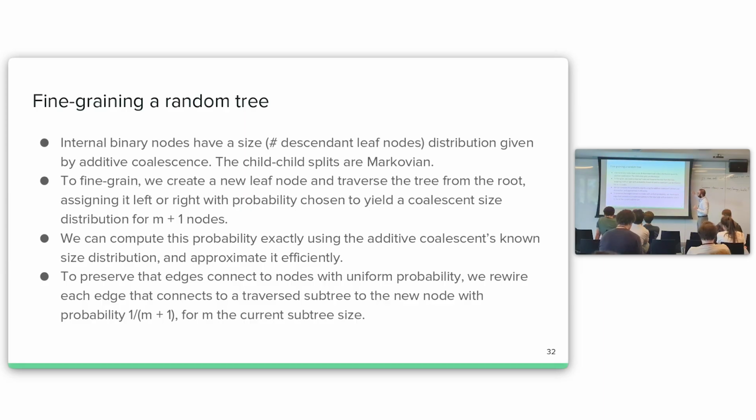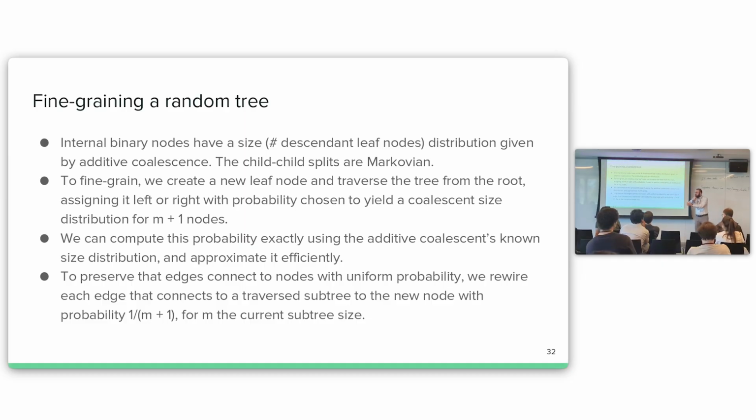So in this binary tree, every node has some number of descendant leaf nodes, and the sizes of the internal nodes have the distribution given by coalescence. To fine-grain the tree, we traverse it, and at every step we can go left or right, into one subtree or the other.